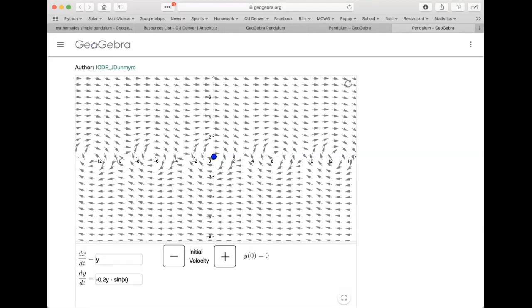So if I give it some push, what these solutions are saying, way back on the first slide, is that if we give it a little bit of velocity, then the pendulum's going to go back and forth and back and forth. And then due to air resistance, eventually it's going to settle back down at its downward position, but it never does a full loop all the way around.